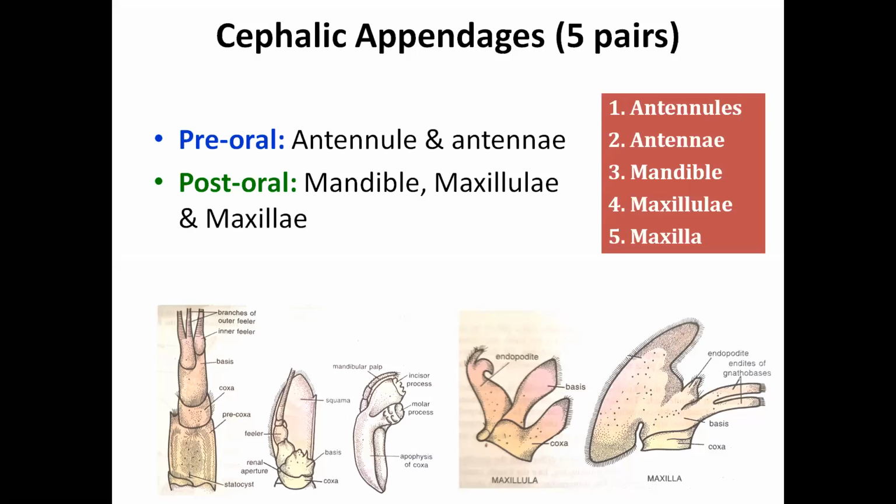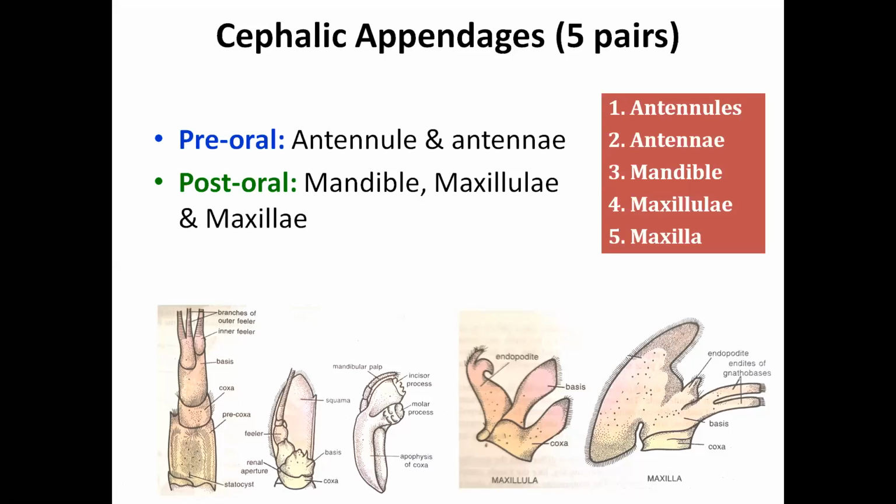Anyone? Ma'am, cutting or chewing. Yes. So this particular cephalic appendage, the mandible, which has the molar and incisor processes, has a masticatory function. It means basically chewing the food.